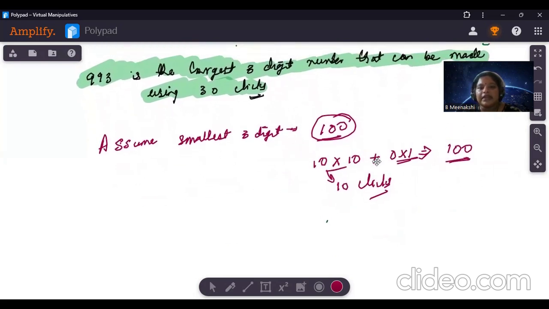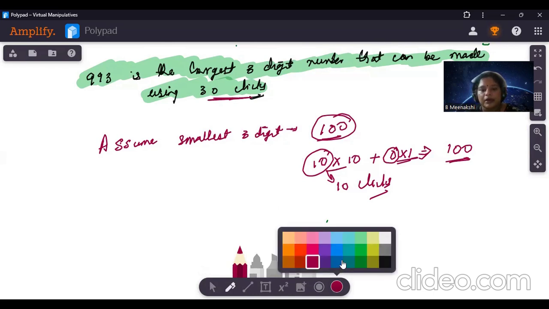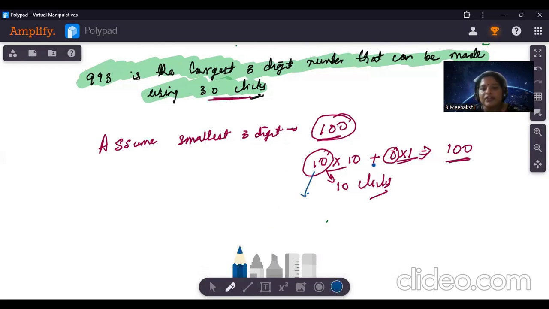So what they have given is 30 clicks, and we have to manipulate the number of clicks accordingly to obtain 30 clicks as a total. So we just have to decrease the number of times we press the 10.